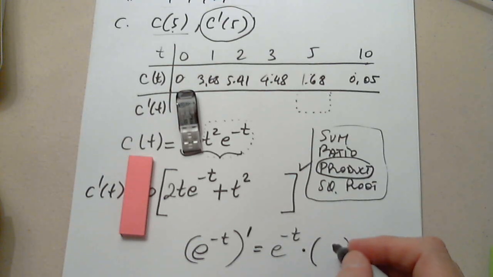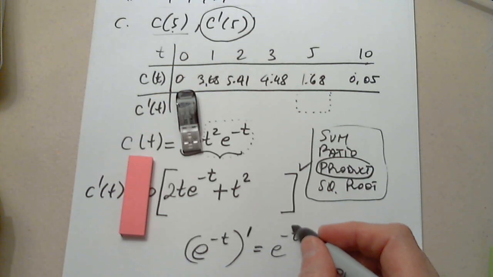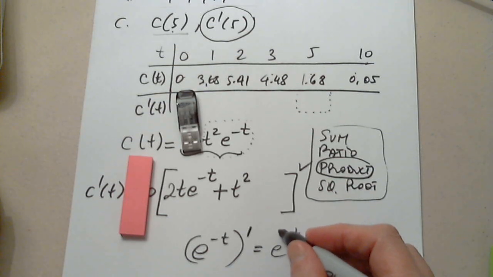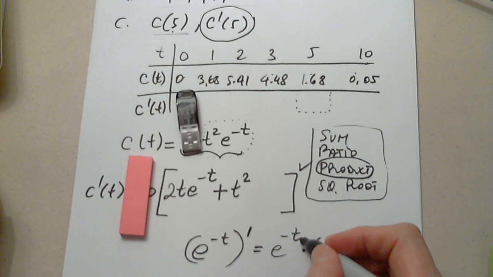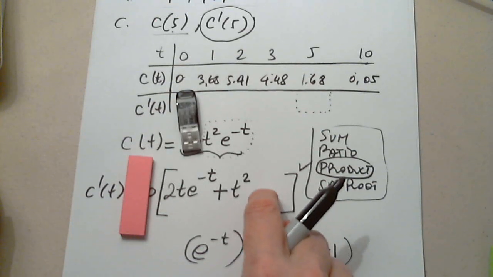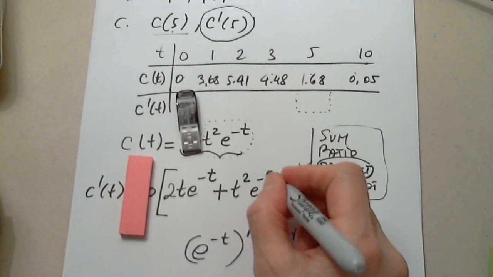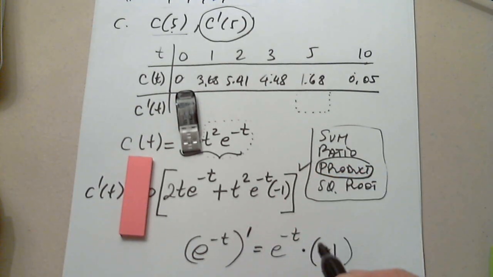Because it's e to negative t, times the inner function prime. One more time. Negative t prime is -1. This is what I have to put here. So I'm going to write e to negative t times -1.